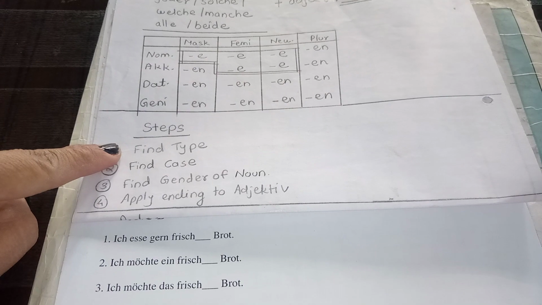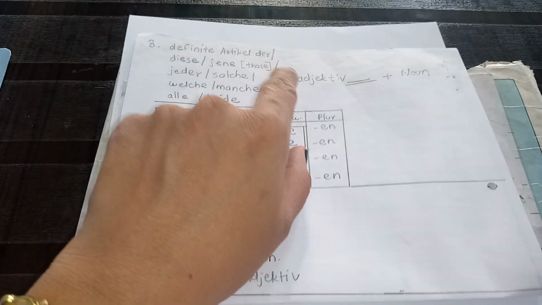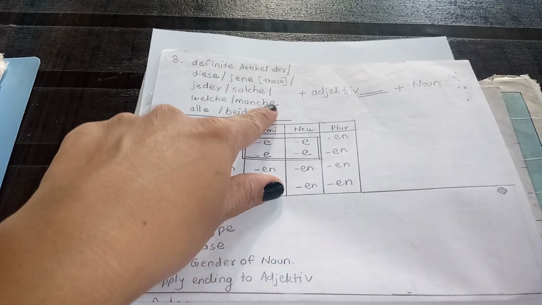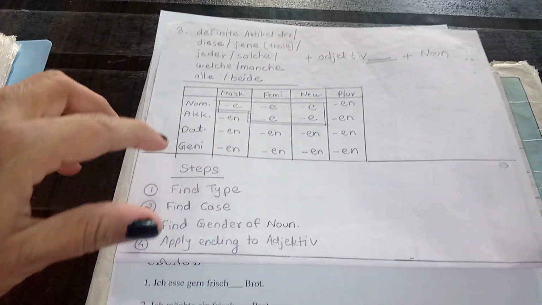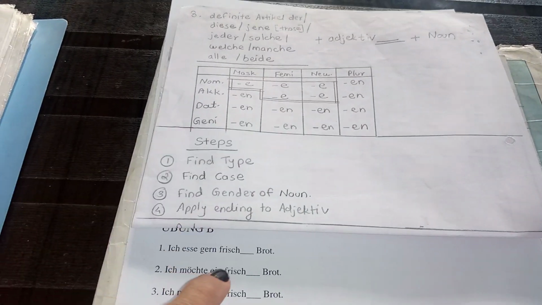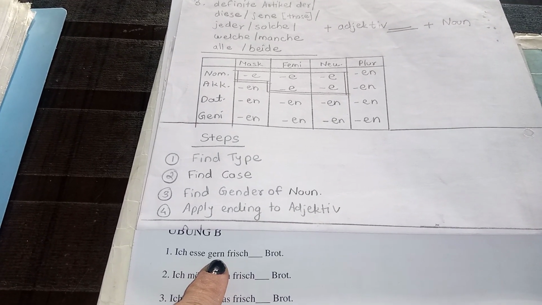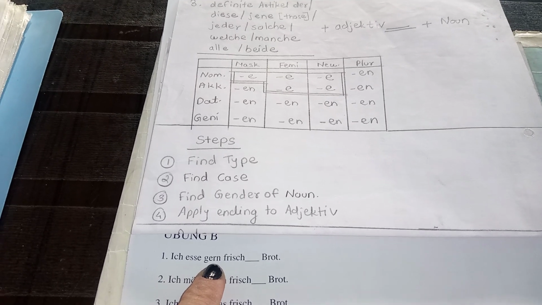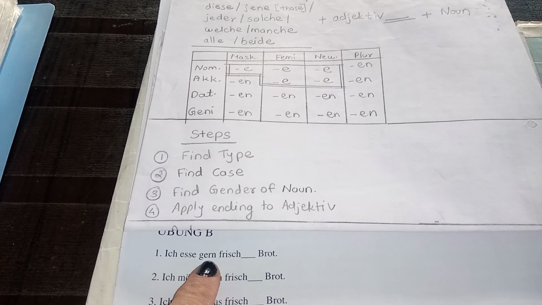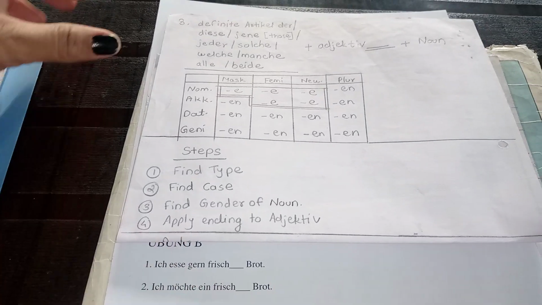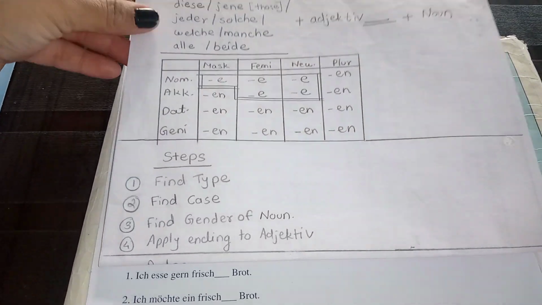First of all, you have to find out the type, and the important thing is what is before the adjective, which will tell you which table to refer to. So what is there before the adjective? There is gern, and gern is an adverb, meaning to like, which is not a definite article, not an indefinite article or possessive.